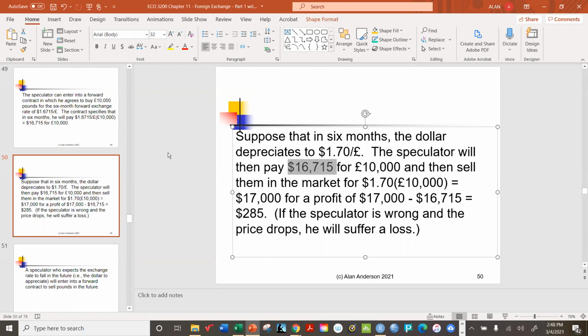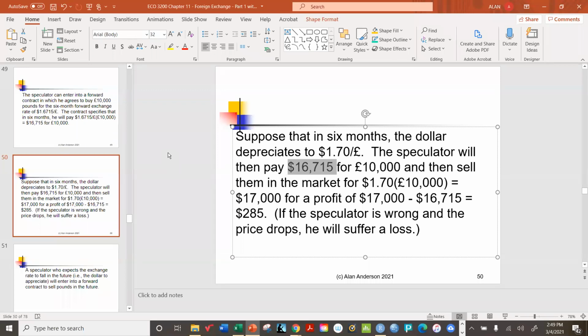So he's able to buy something for $16,715 and then resell it immediately for $17,000. And so he's just made himself $285. Now that doesn't sound like a lot, but he didn't put up any of his own money or take any risks. Well, not really.